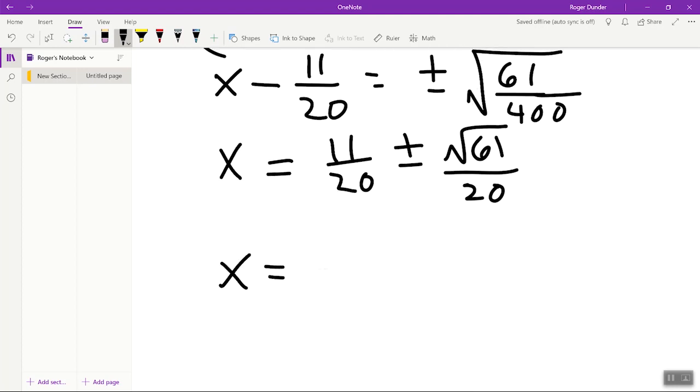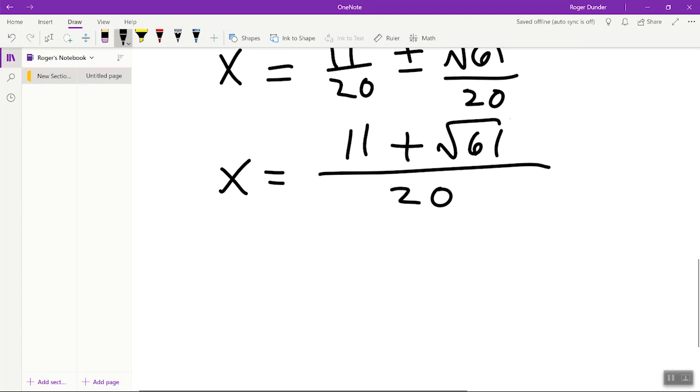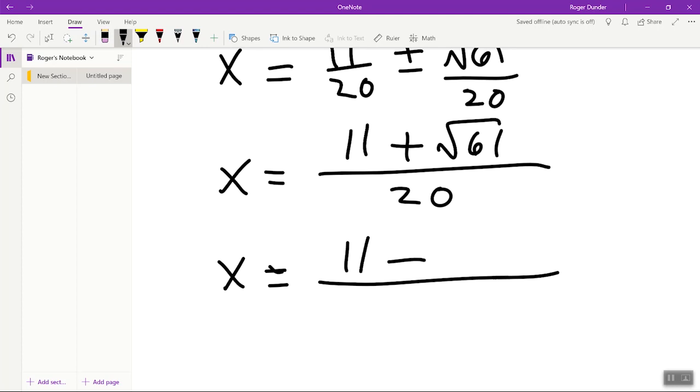X is equal to 11 plus square root 61 over 20, or in the second case, x is equal to 11 minus the square root of 61 over 20.